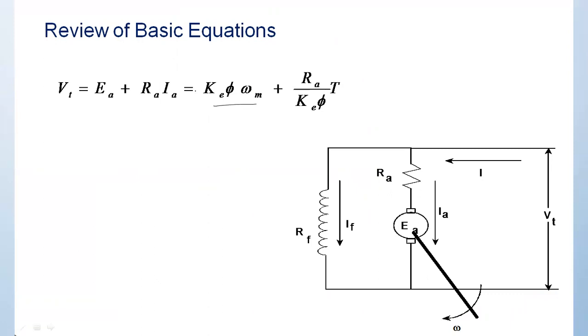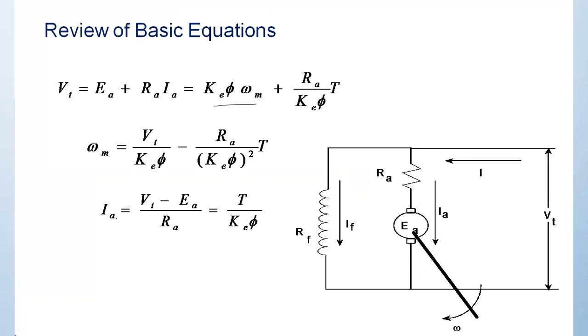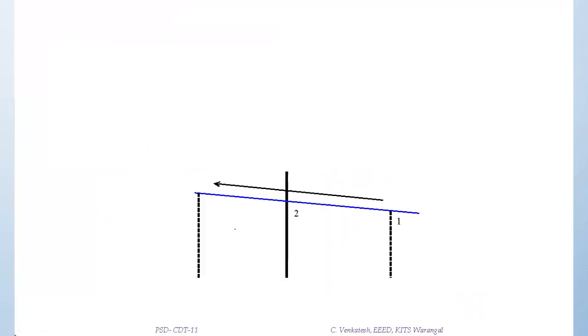RA into IA is nothing but T divided by K into phi. We have already discussed these equations. Speed omega m will now become Vt by Ke phi minus Ra by Ke square phi square into T. Therefore Ia will be equal to Vt minus Ea by Ra, this we get from the circuit. And from the torque equation, Ia is T divided by Ke into phi. So these are the equations.